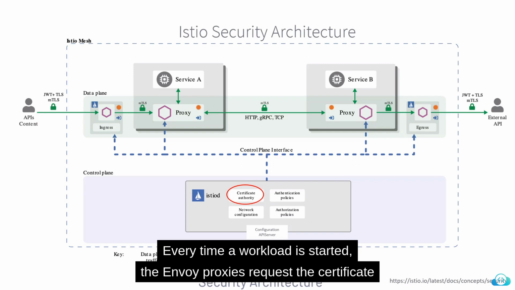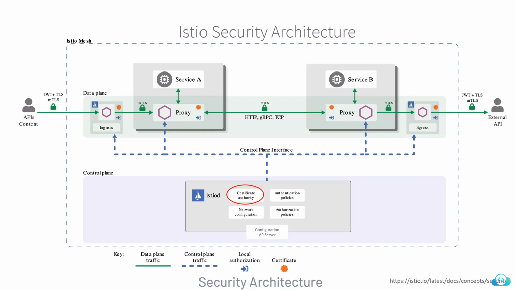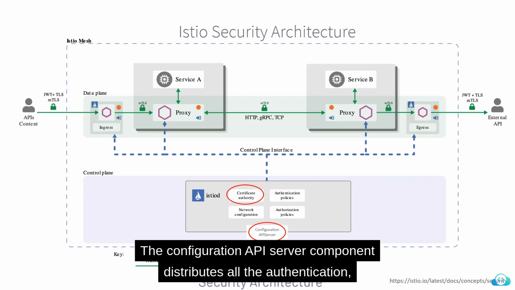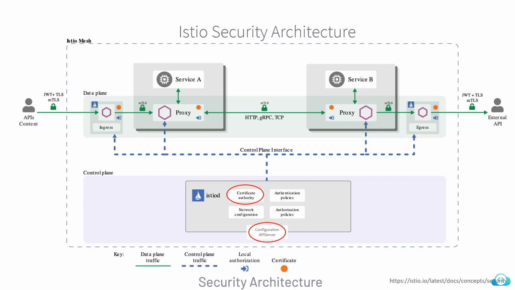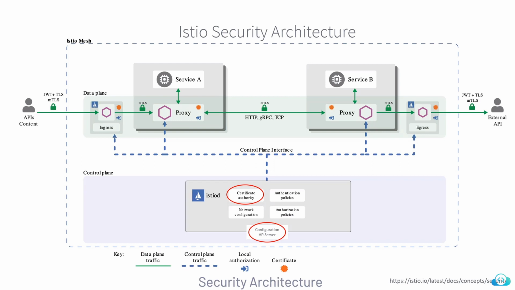Every time a workload is started, the Envoy proxy requests the certificate and key from the Istio agent, and that helps secure communication between services. The configuration API server component distributes all the authentication, authorization, and secure naming policies to the proxies.